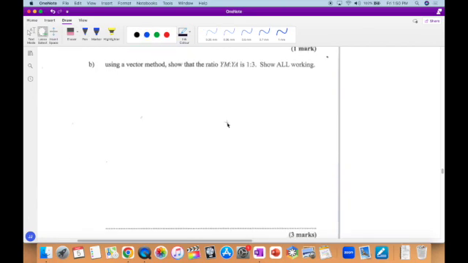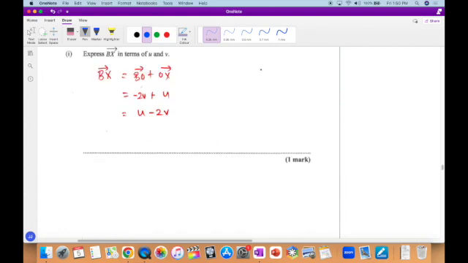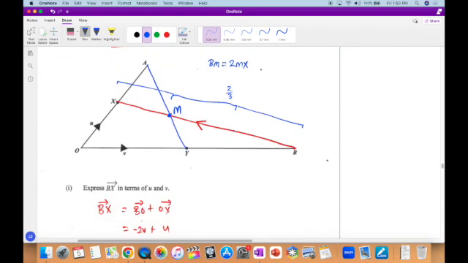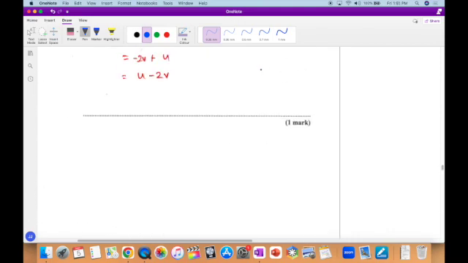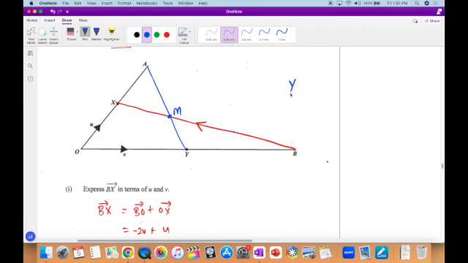And now, using a vector method, show that the ratio YM to YA is 1 to 3. Show all working. I have to show that the ratio YM to YA is 1 to 3.